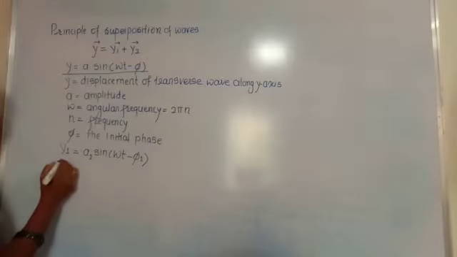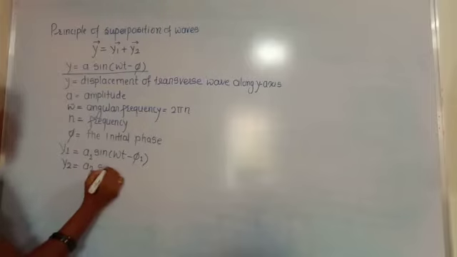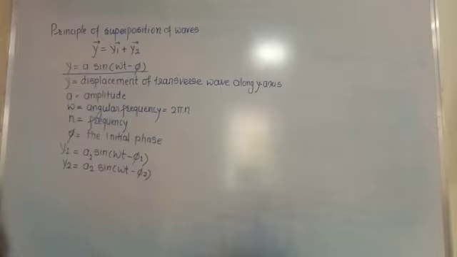Let us consider another wave, y2 is equal to a2 sin(omega t minus phi2). These are the two waves we are considering, which have the same wavelength and the same value of omega.